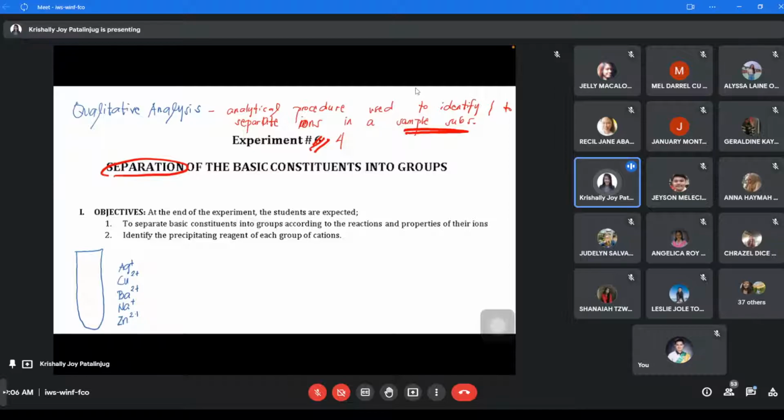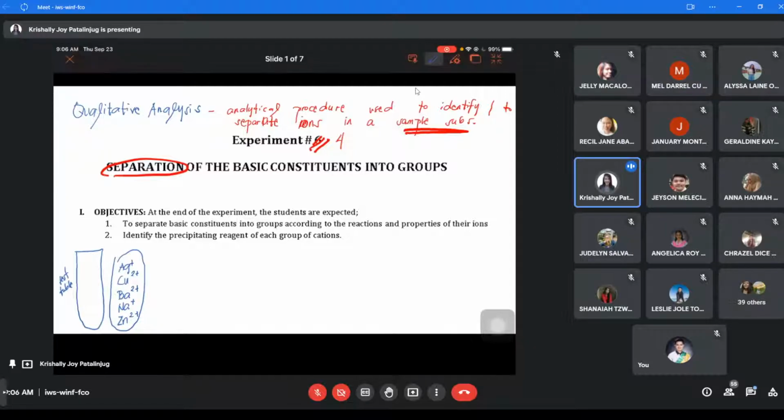So for example, in a certain test tube, all these ions are in the form of a test solution. For example, the test solution of silver would be silver nitrate. For copper, cupric sulfate. For barium, barium nitrate. Sodium, for example, sodium nitrate. Then zinc nitrate.